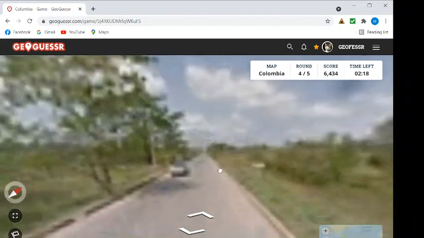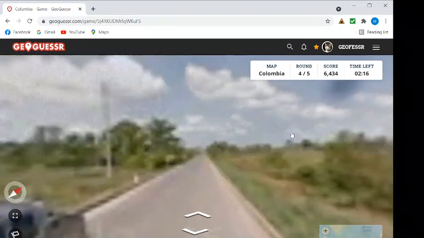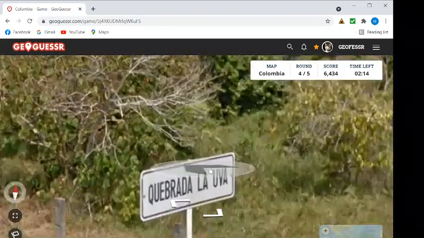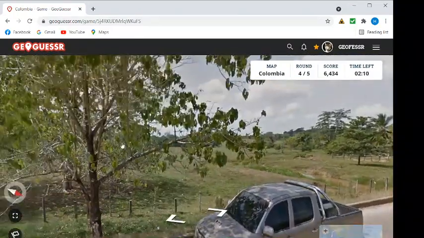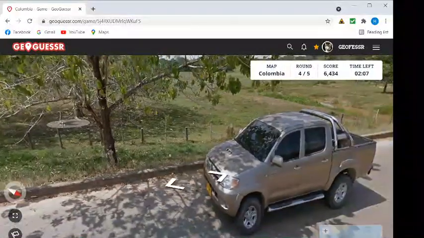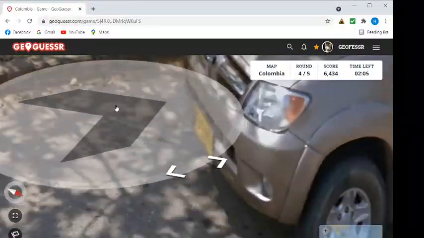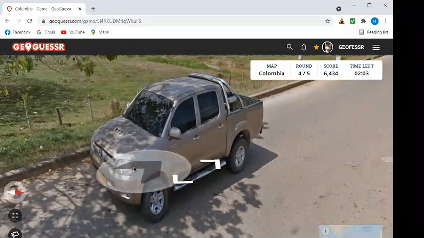Okay. So do I think this is actually in the lowlands? Yeah, Quebrada La Uva. I'm not seeing any mountains around. Yeah, there's that orange plate again.